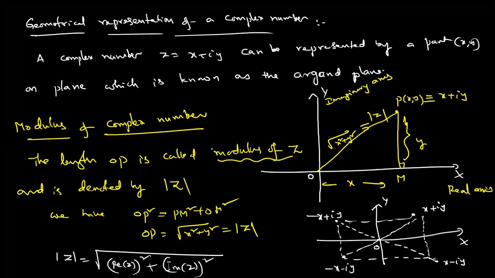Take it in the first quadrant, second quadrant, third quadrant, whatever it may be. But here, clearly write a new note: the modulus of Z is always greater than or equal to 0 for any complex number.